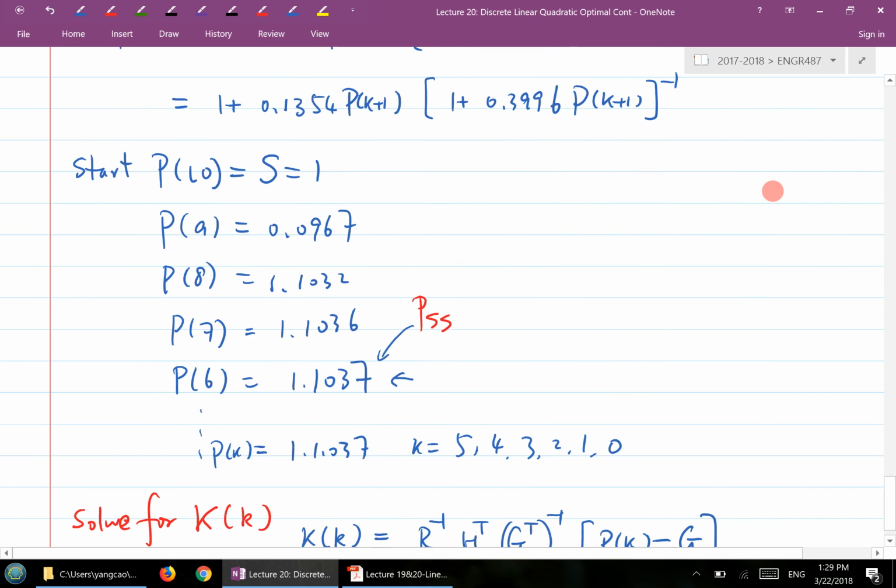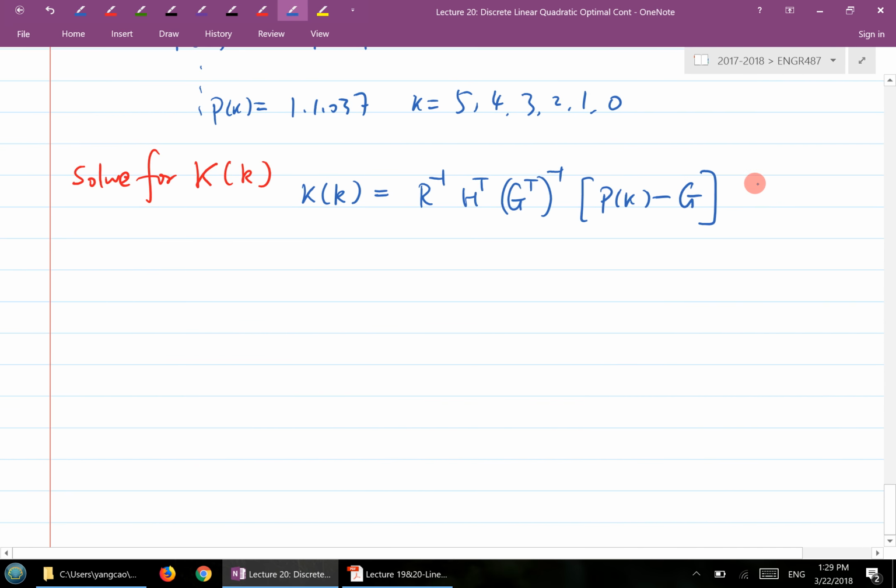You get this K matrix as this one here. So this is the same as equation 9.